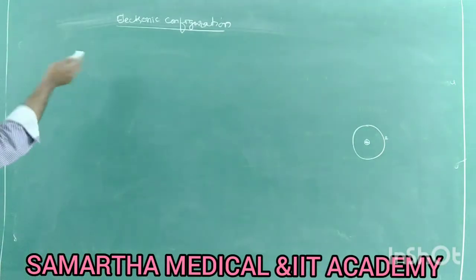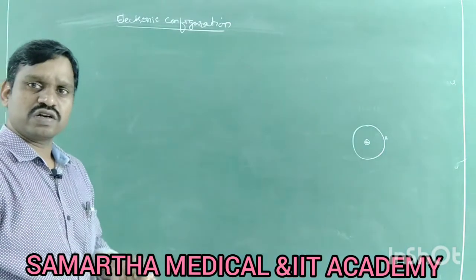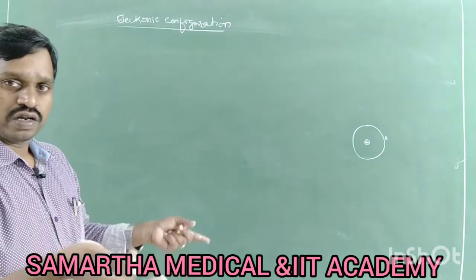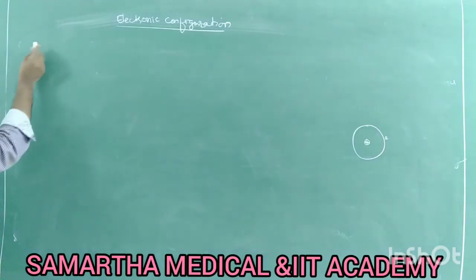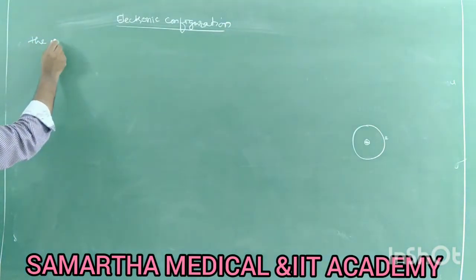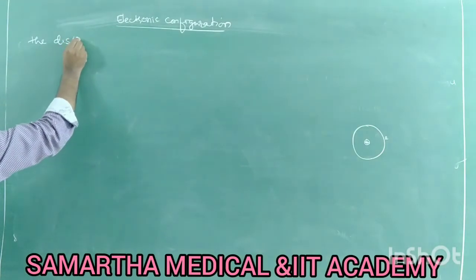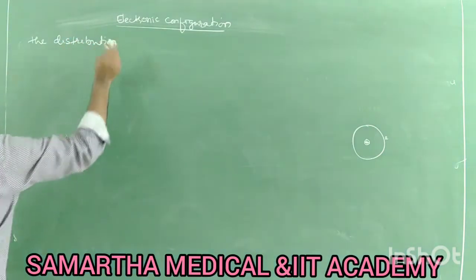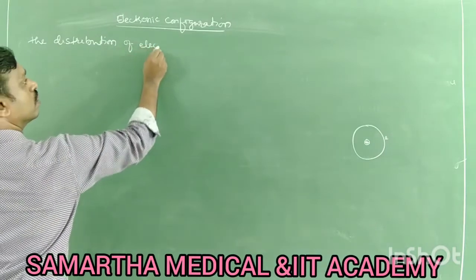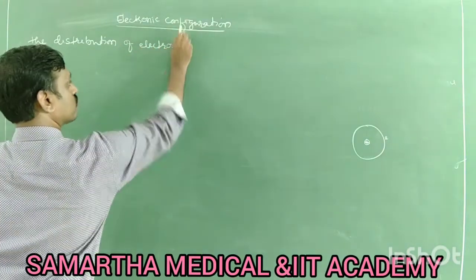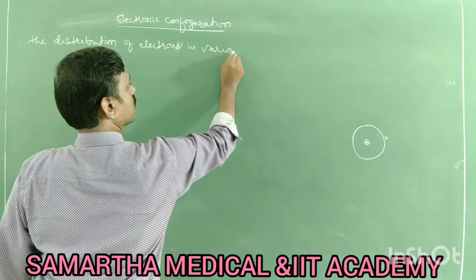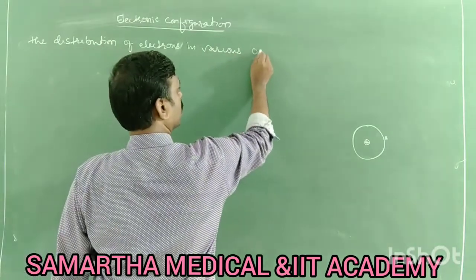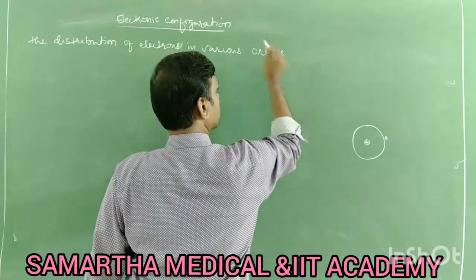Many students get confused about what electronic configuration is and how electrons are distributed. Therefore, students remember, electronic configuration is nothing but the distribution of electrons in various orbitals, not orbits, of an atom.